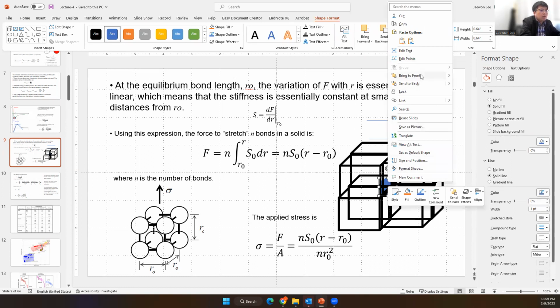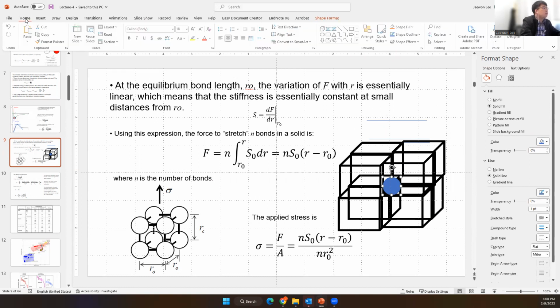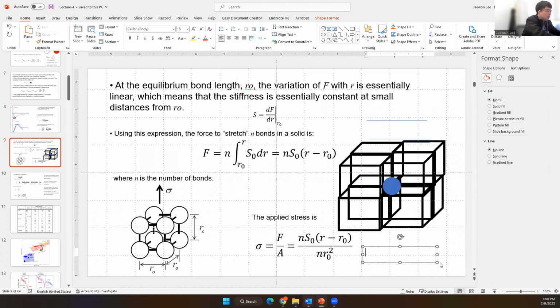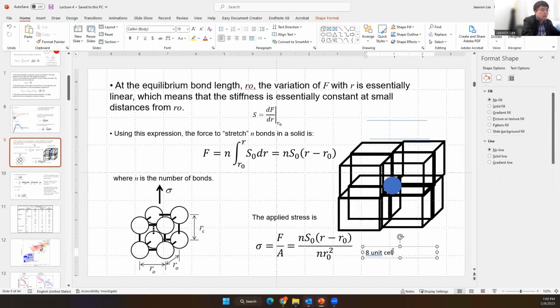And then there are eight unit cells, right? So if we just focus on one unit cell, this one could have one over eight, right? Do you understand?